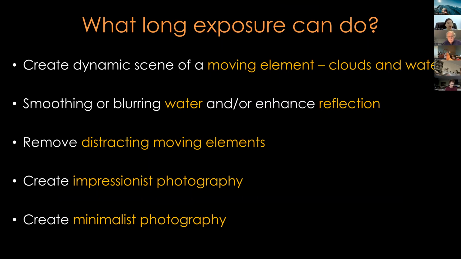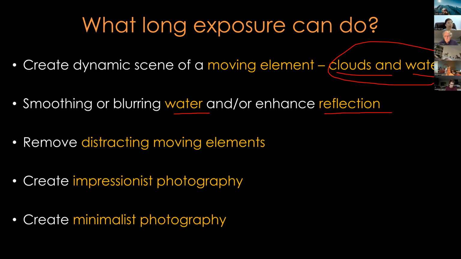So long exposure can do a lot of things in landscape photography. As you can see from the example just now, it allows us to create dynamic scenes of the moving elements, especially the cloud and the water. These are the most common elements in long exposure photography. It smooths and blurs the water, okay, and enhances the reflection.